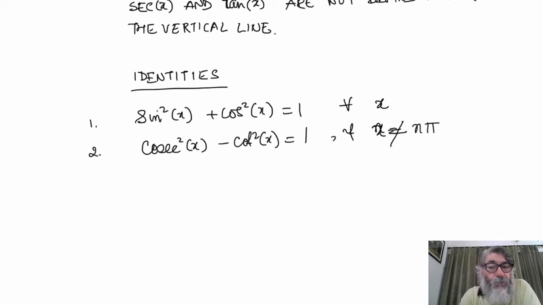It is true only when x is not equal to n pi, because if x becomes 0, then it will not be defined. Cosec 0 is not defined, cot 0 is not defined.